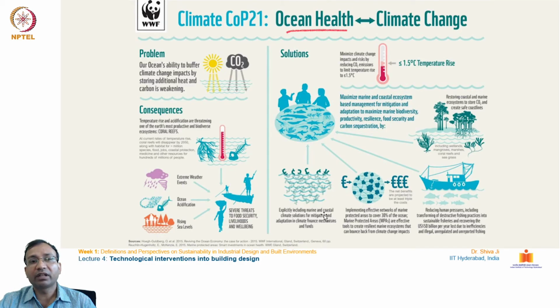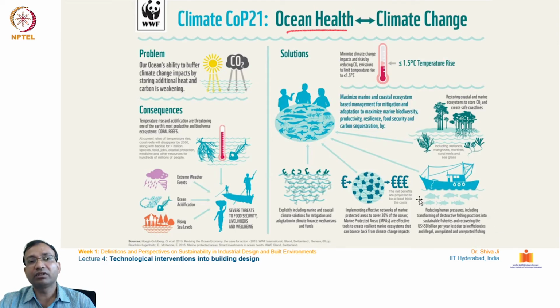Explicitly we can go for including marine and coastal climate solutions for mitigation and adaptation in climate finance mechanisms and funds. We can go for implementation of an effective network of marine protected areas to cover 30% of the oceans. We can go for reducing human presence in such places, including transformation of destructive fishing practices into sustainable fisheries, and recovering US $150 billion per year that is lost due to inefficiencies and illegal, unregulated and unreported fishing.